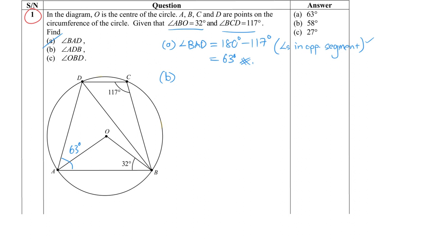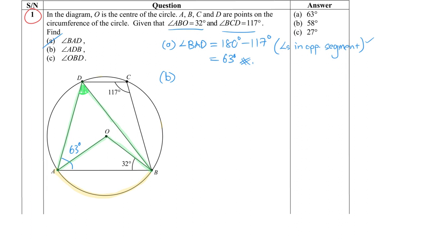So again, use your fingers and trace out what chord and arc make up ADB that we want to find. So it's this fellow over here. How do we find it? Right, and the arc that makes it up is over here. Where else does this chord go to? Fantastic, the center of the circle.